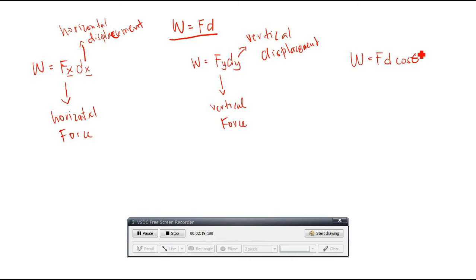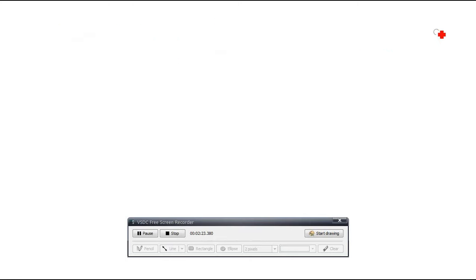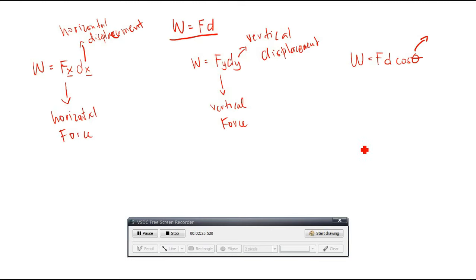So theta is your angle, and it's formed usually between the distance and the force. And of course, your F and d are the force and distance respectively.